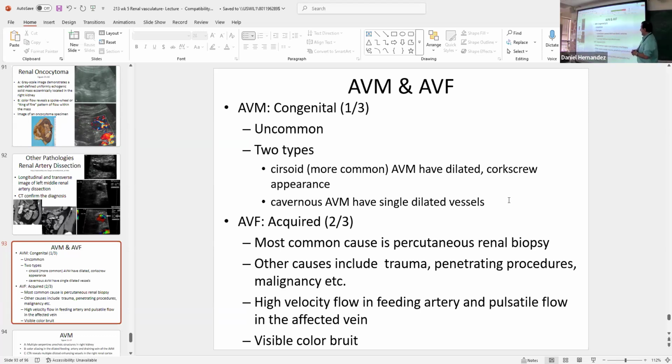So they have to perform that biopsy. Again, that could be a result of that renal biopsy. They go in with the needle, puncture the artery, puncture the vein, and create that fistulous connection. Trauma to the kidney, penetrating procedures and malignancies can also potentially cause a fistula to develop as well.